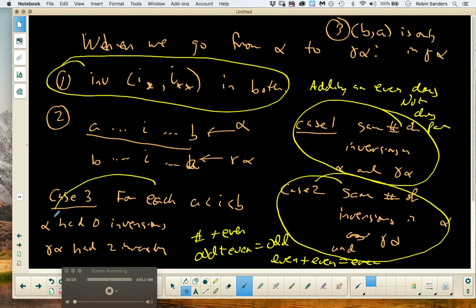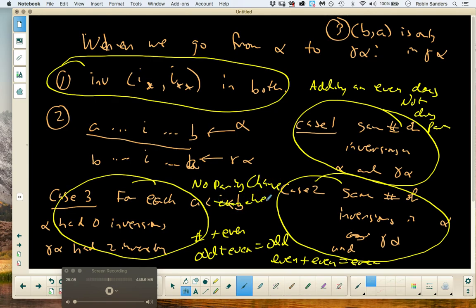And that fact says this doesn't change the parity. So no parity change here. But we have one last thing up here. First do alpha, then do gamma has one more inversion up here.